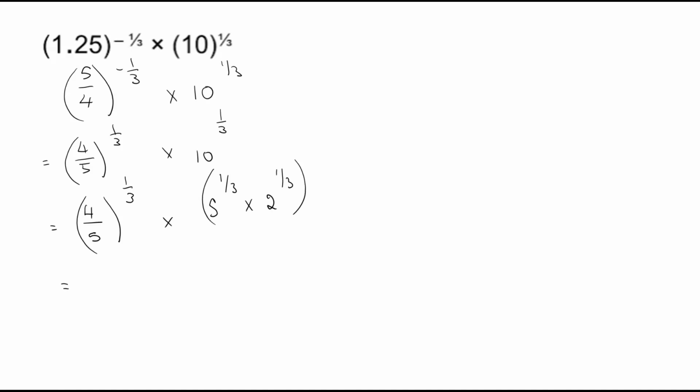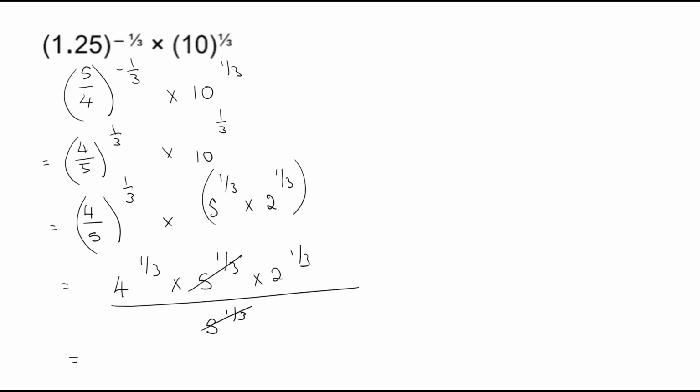Now what have we got? We've got 4 to the third times 5 to the third times 2 to the third over 5 to the third, and that's going to cancel one of those out, and we're left with, now what do we do? We could say 4 is 2 squared, so we could write that as 2 to the power of a third times 2 to the power of a third times the last term, which is 2.